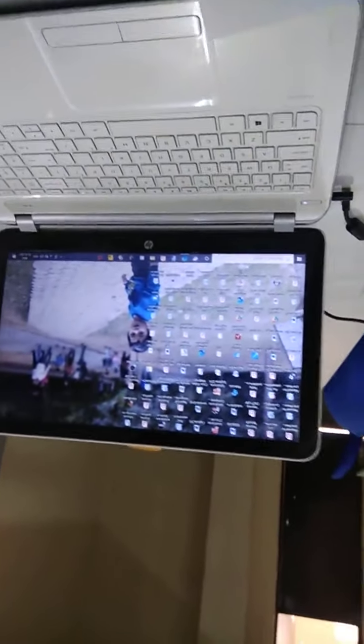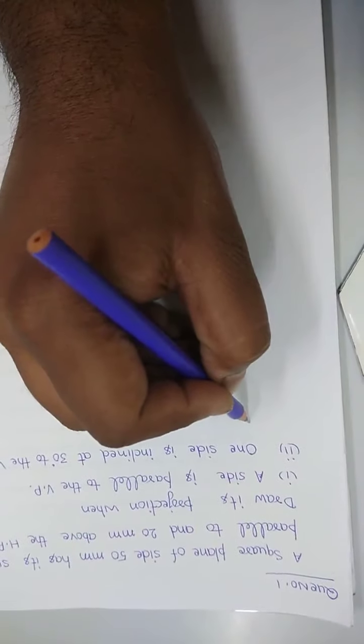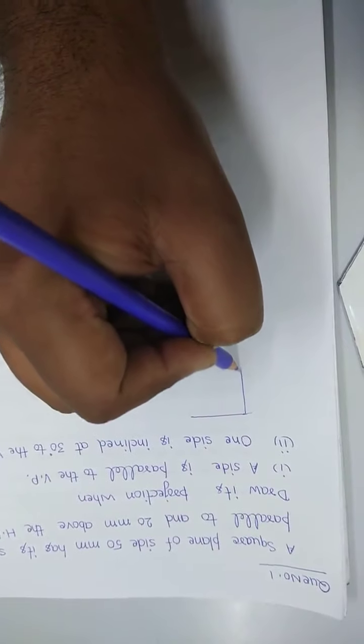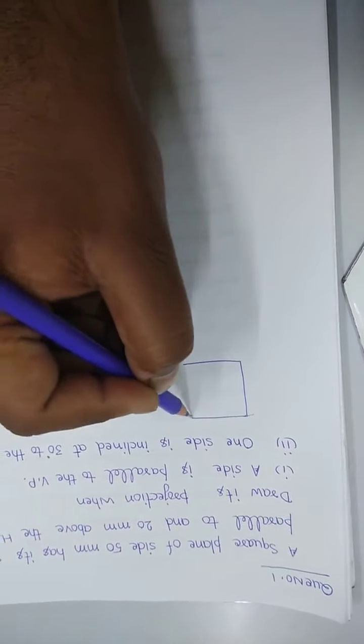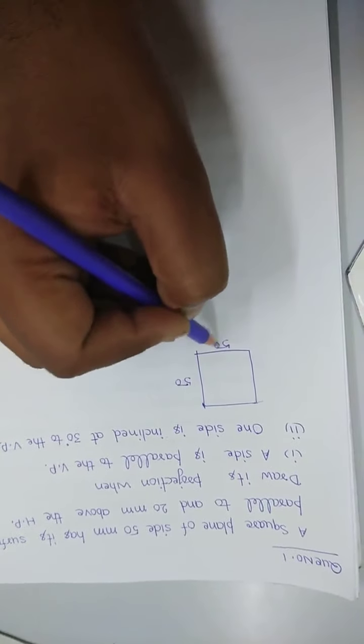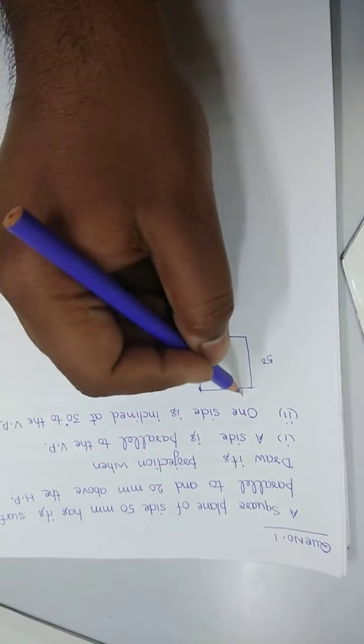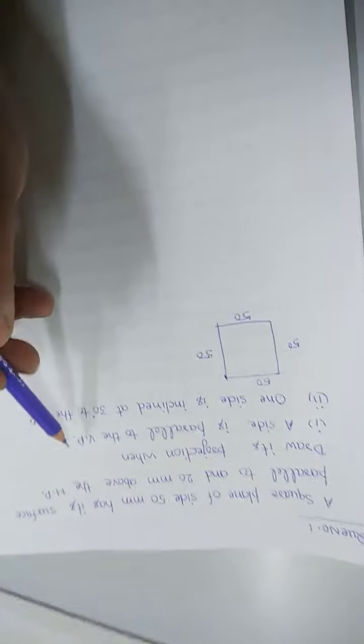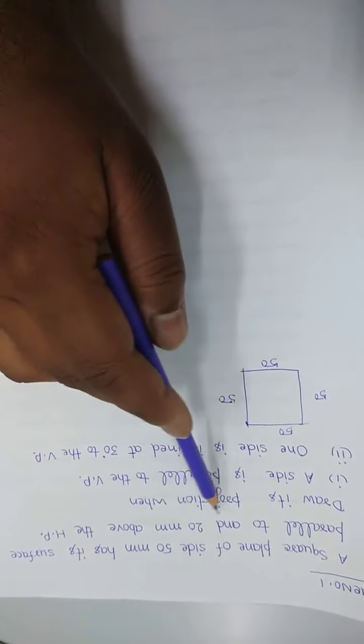If I am taking this square, the question is saying a square plane of side 50 mm, so we have a square which has all the sides as 50 mm. And the question is saying the surface is parallel to and 20 mm above the horizontal plane.